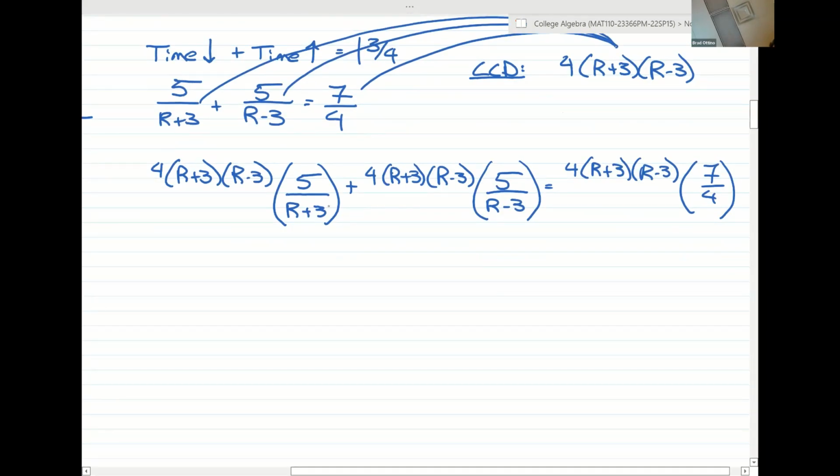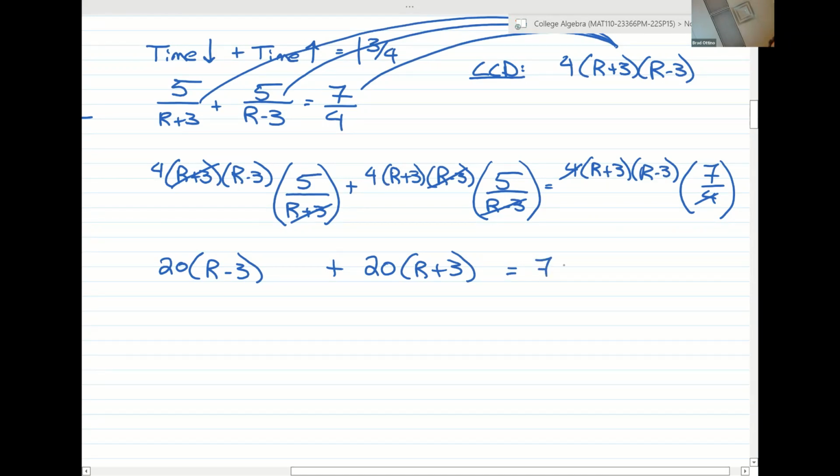Let's go ahead and cancel out the r plus 3s, r minus 3s, the 4s, and let's multiply what we're left with. 4 times 5 would be 20 times r minus 3, plus 5 times 4 is 20 times r plus 3, equal to 7 times r plus 3 times r minus 3.